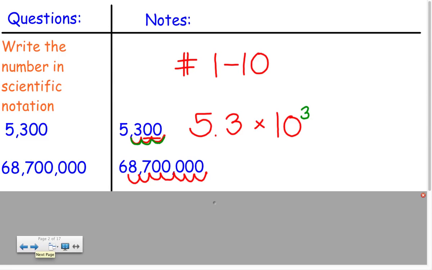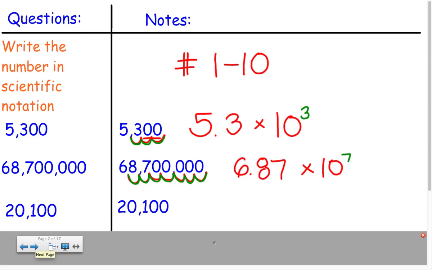If I stop here, I have 6.87, which yes, that's between 1 and 10. And then I'm going to count how many times I moved my decimal. 1, 2, 3, 4, 5, 6, 7. 68,700,000 is a really big number, so my exponent 7 has to be positive.